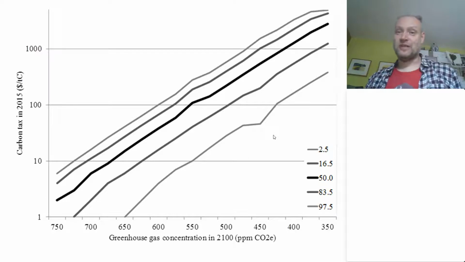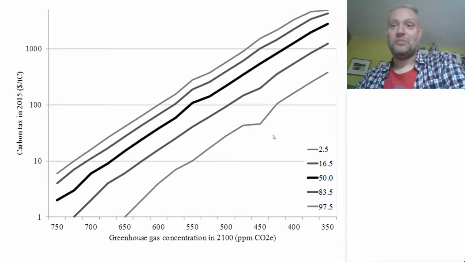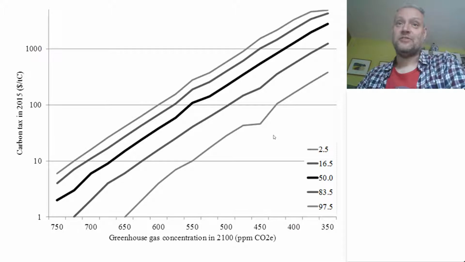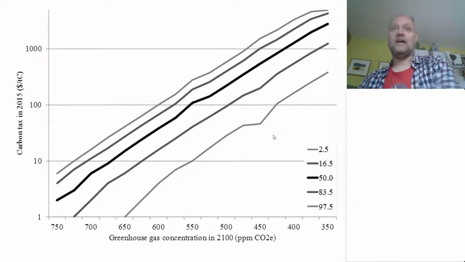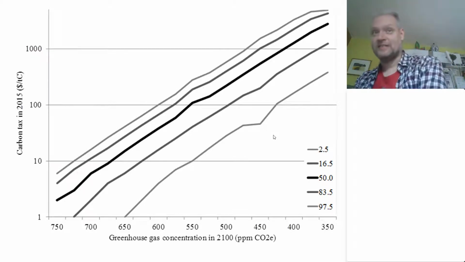Now there's two ways of reading this graph. One is if you want to achieve a target, say, of 550 parts per million, then you should impose a carbon tax in the year 2015, or should have imposed a carbon tax in the year 2015, of around $100 per ton of carbon. That is one way of reading this graph.